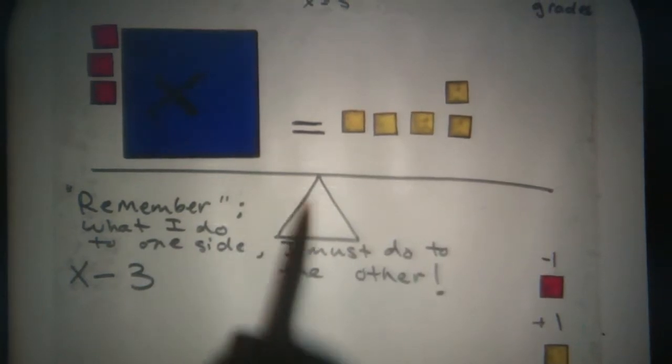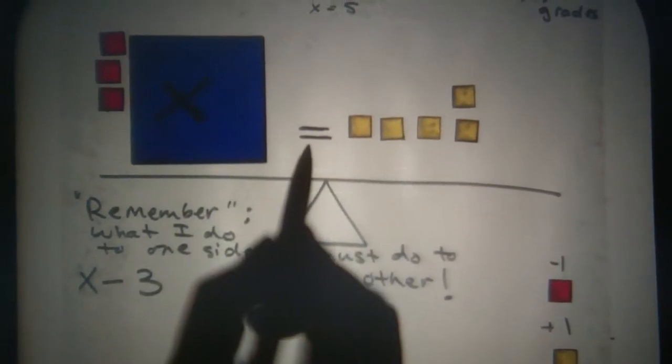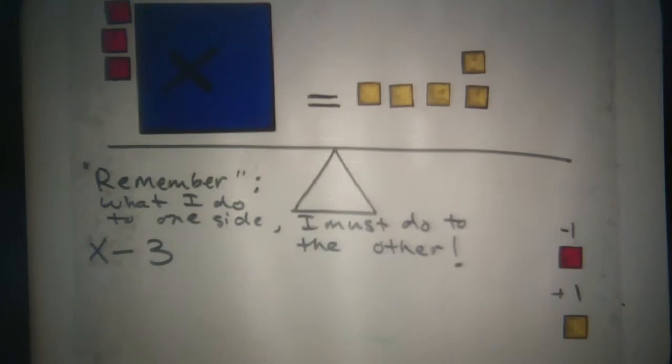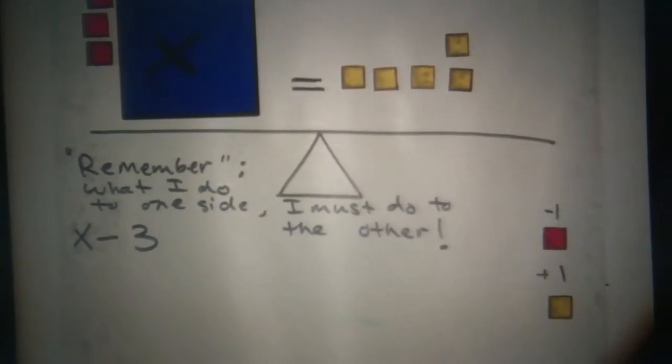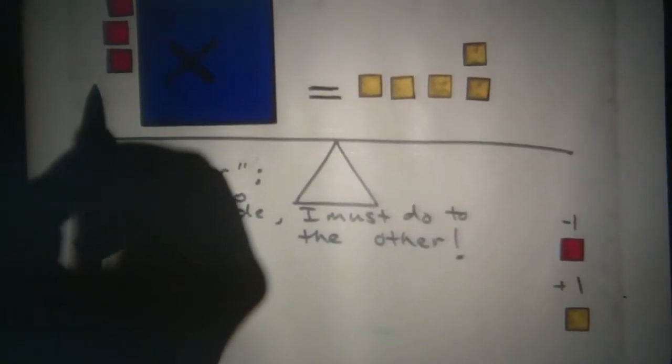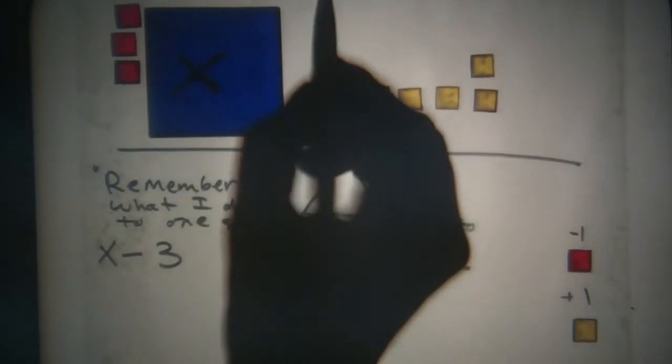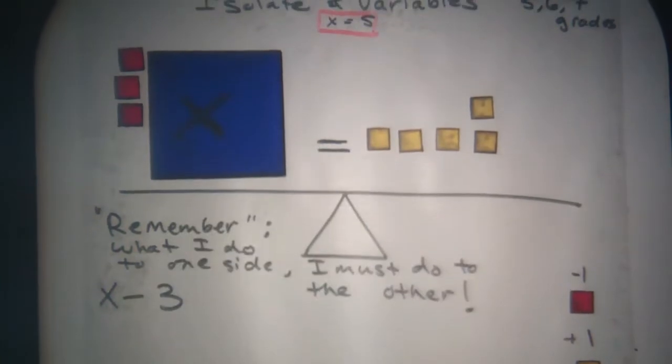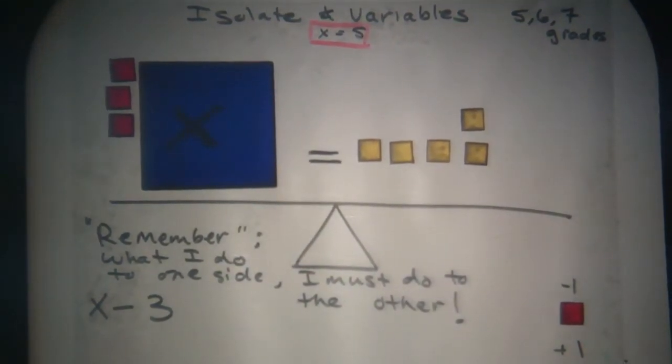Alright? So that means what I do to one side of the equal sign, I must do to the other side of the equal sign. I took and subtracted 3 here. I need to do it on this side also for my original x equals 5. So I need to do that on the other side as well.